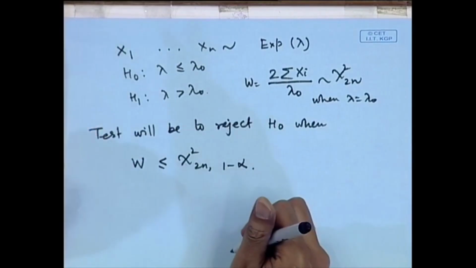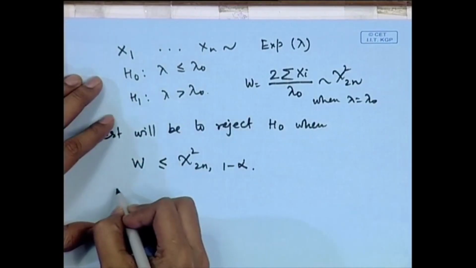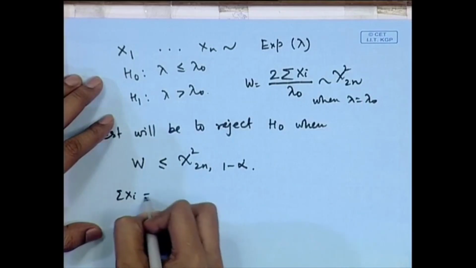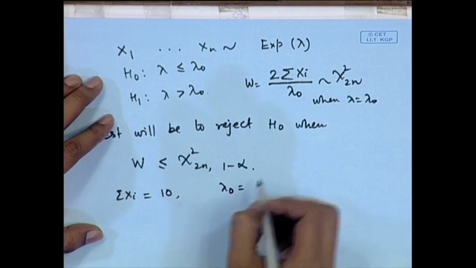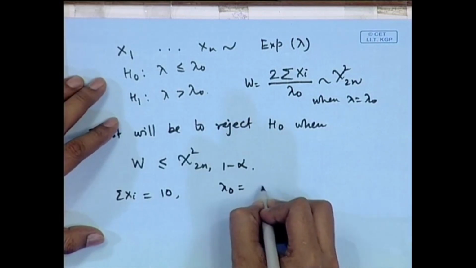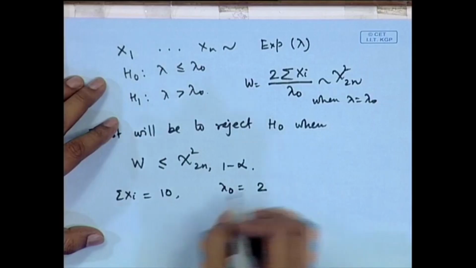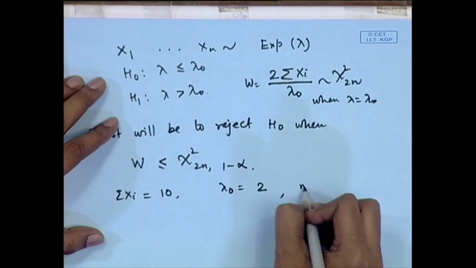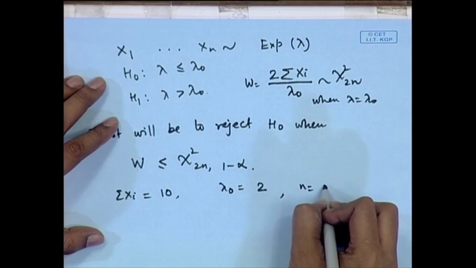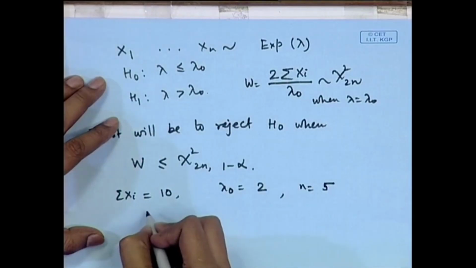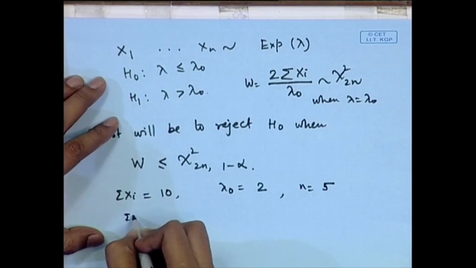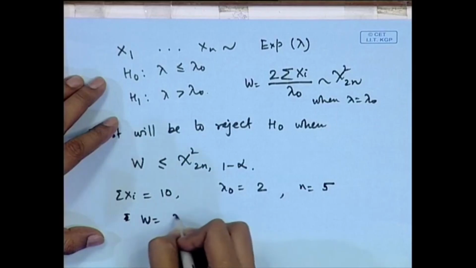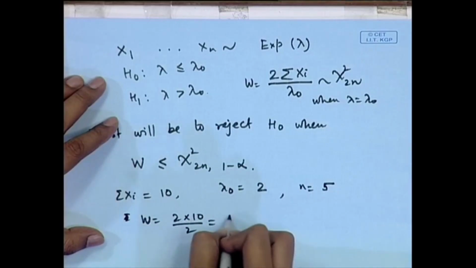Let us just take an example here, where sigma x i turns out to be say 10. We are testing about say lambda naught is equal to say 2 and say n is equal to say 5, and then this test statistic W will become equal to twice into 10 by 2, that is equal to 10.